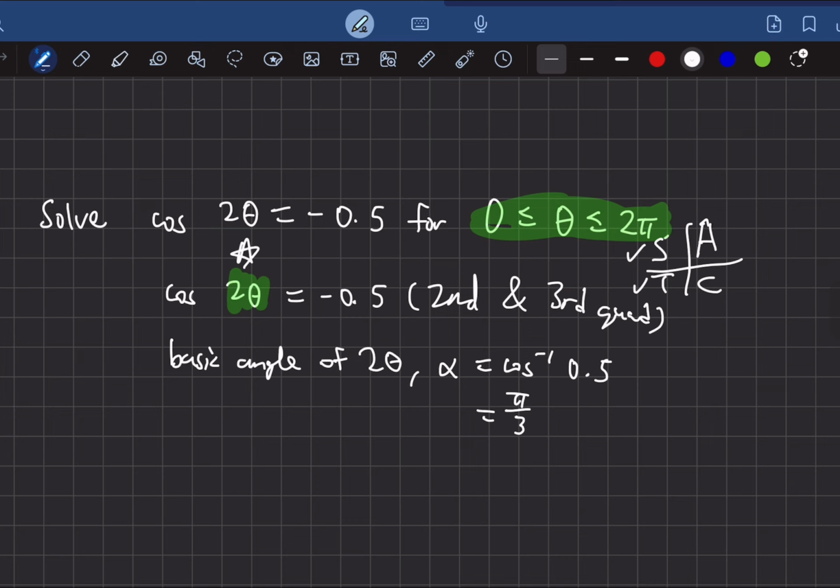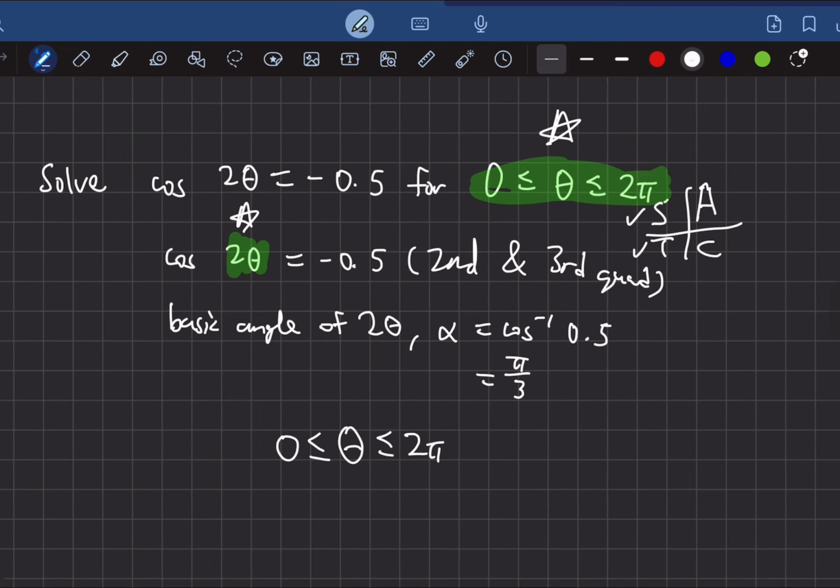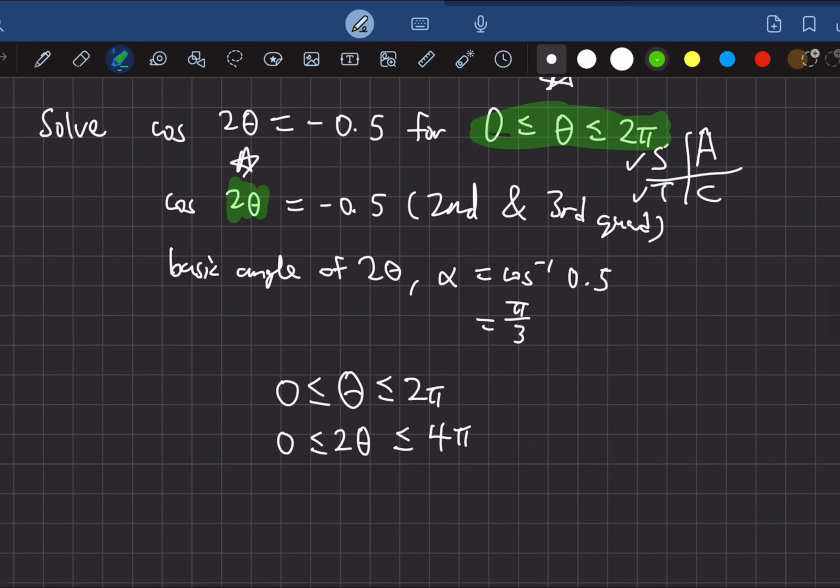This is 2 theta, but the range given to us is always theta. So we have to change this range, because like I mentioned just now, this is the range to guide us how many answers we are supposed to provide. So from theta to 2 theta, we times 2. So my 2 pi must also times 2, so become 4 pi. So this is the range we have to work with.